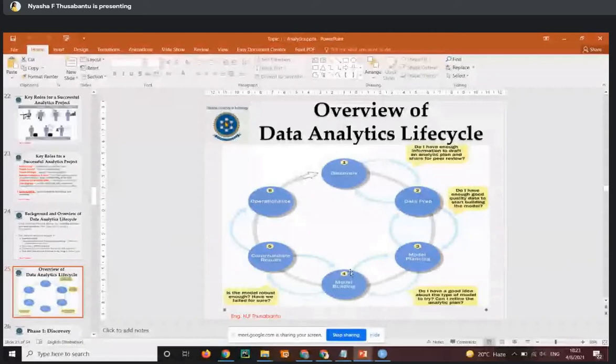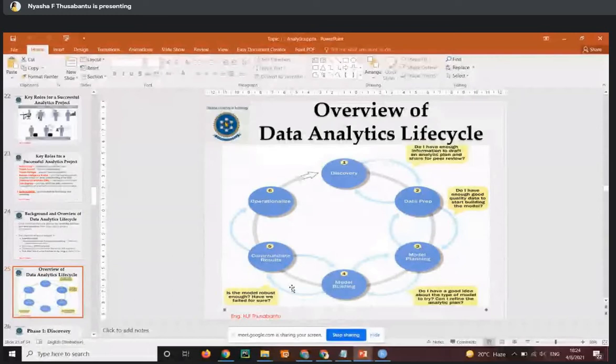If it's good, you're now communicating the results. And how do you communicate results as a data analyst? Big data analytics is now a part of every dashboard, because managers or directors do not actually have time to read through a whole report. In as much as you'll have done a very good job, and it's a very comprehensive report, you need to present it. So I apply visualization techniques to communicate my results.